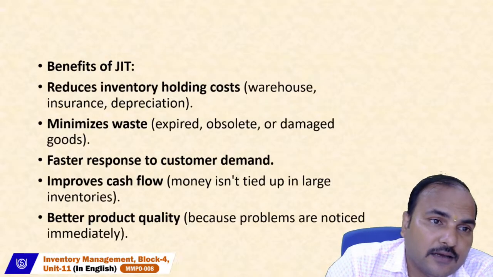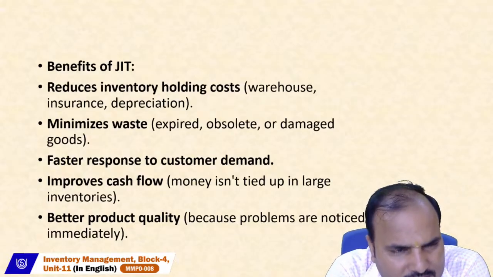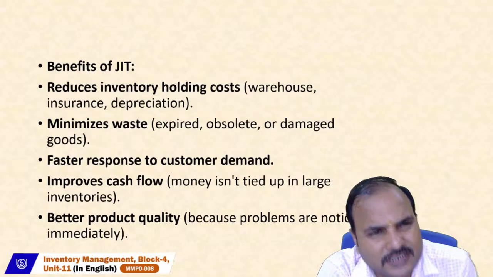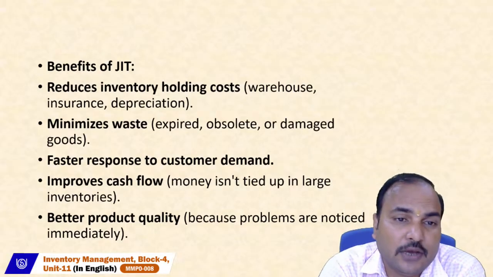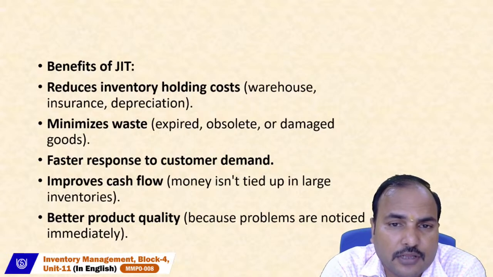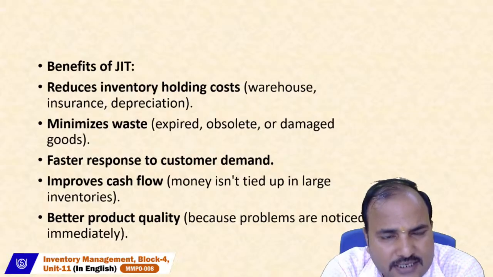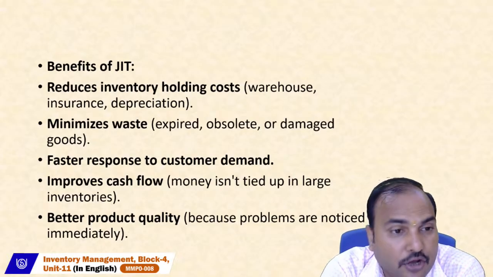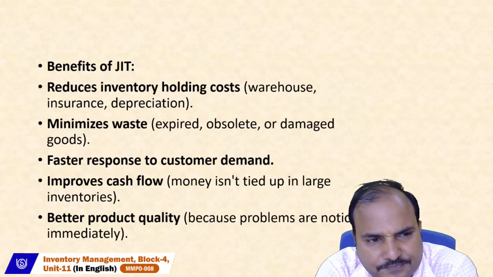Here, in JIT or just-in-time, we are discussing the benefits of JIT. It reduces inventory holding cost, that means warehousing, insurance, and depreciation costs. It also minimizes waste, expired, obsolete, or damaged goods. Then, faster response to customer demand.